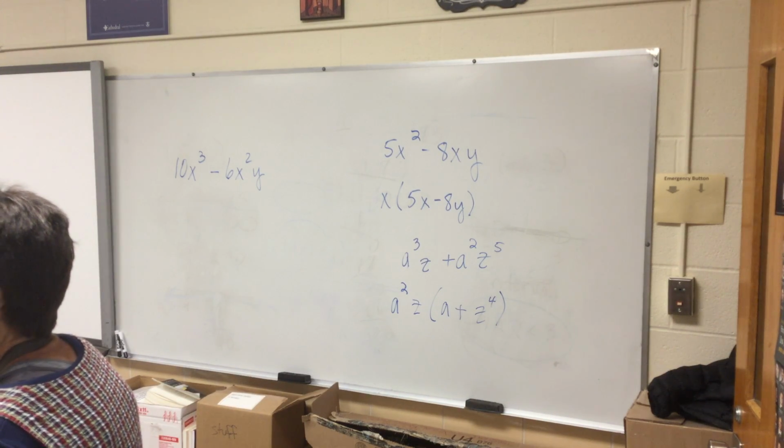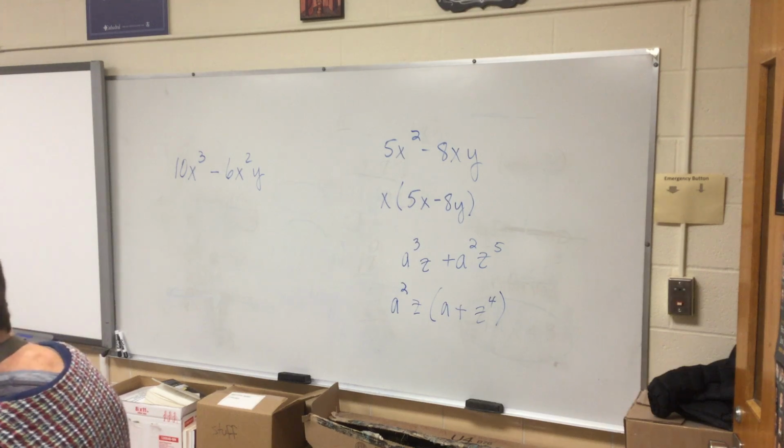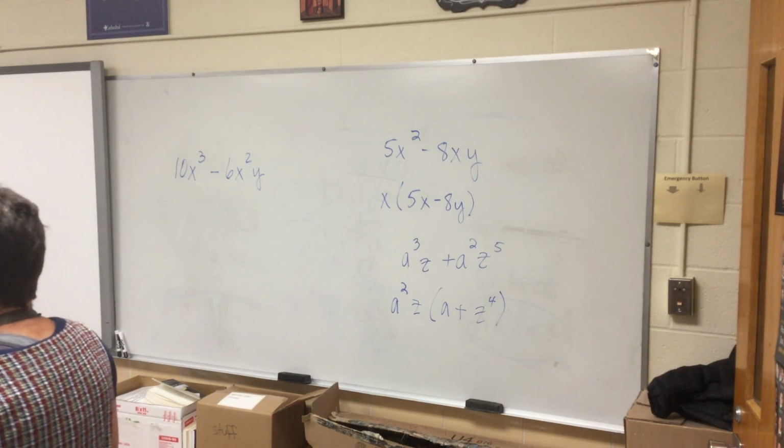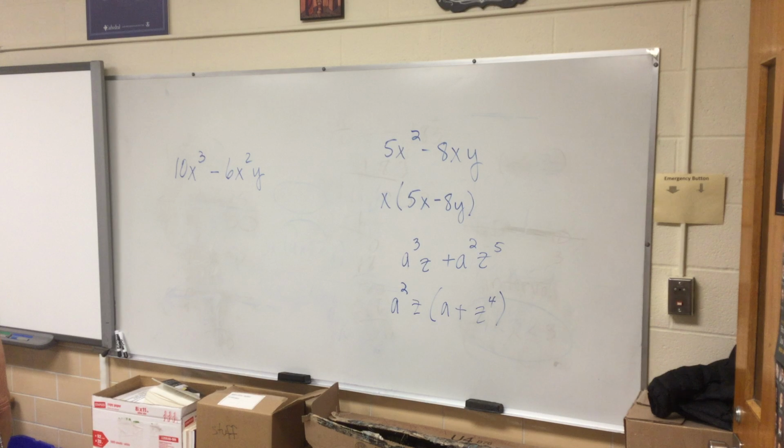For the next one, do you take numbers out? Yep, for the next one, all you can take out are numbers. So you want to find the biggest number that you can take out. Does 32 go into 160? 5 times. So we can actually take out a 32.